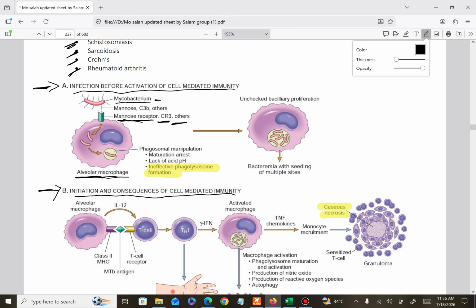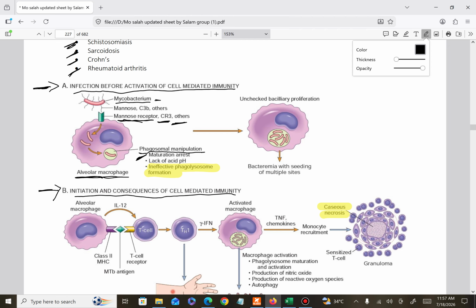By binding to the receptors, the mycobacterium enters the alveolar macrophages, and then it causes phagosomal manipulation by three processes. Maturation arrest, it arrests the maturation of the phagosomes.